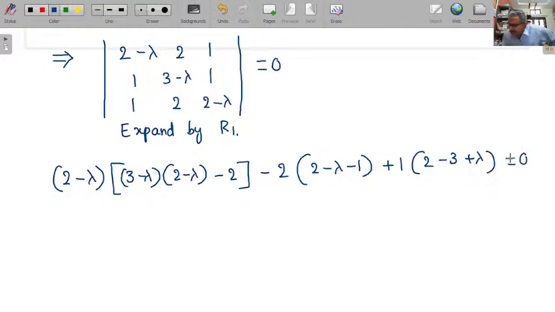Am I correct? Now check. The inverse of the matrix also I shall discuss, don't worry regarding this.